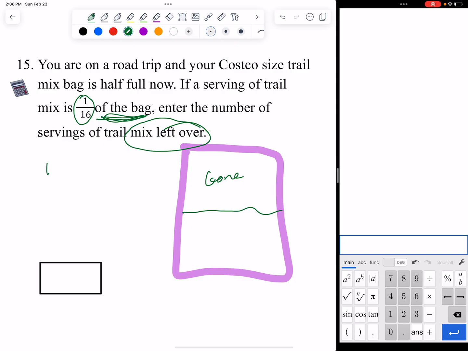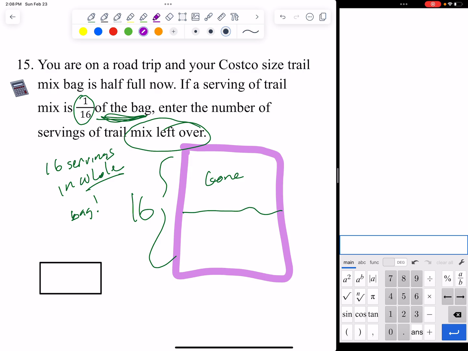Well, that means there's a total of 16 servings in the whole bag. Well, if the whole thing is 16 and I just said that half are gone, well, that means that I have 8 and 8 if I split it in half, so then I have 8 servings left over.